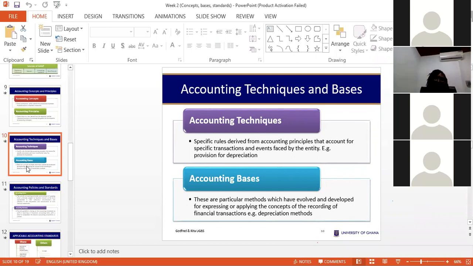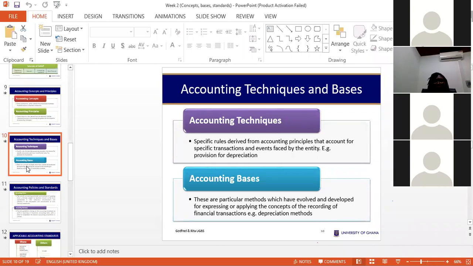So the general are just the general rules. If you have specific issues in your environment, you go and start analyzing the general and see how you can branch off. And the specific ones you adopt and use in your preparation is what we refer to as accounting techniques.